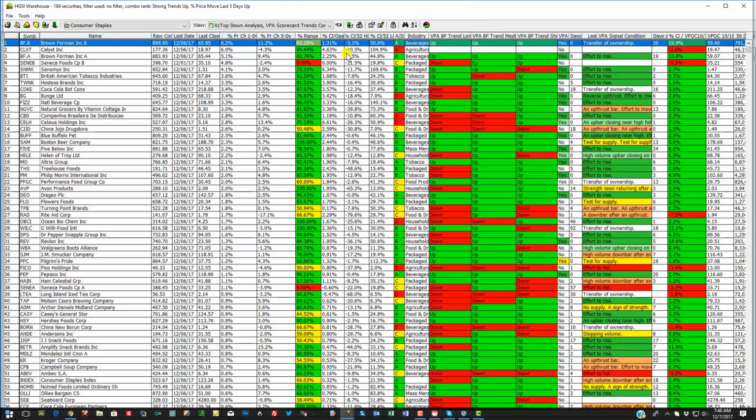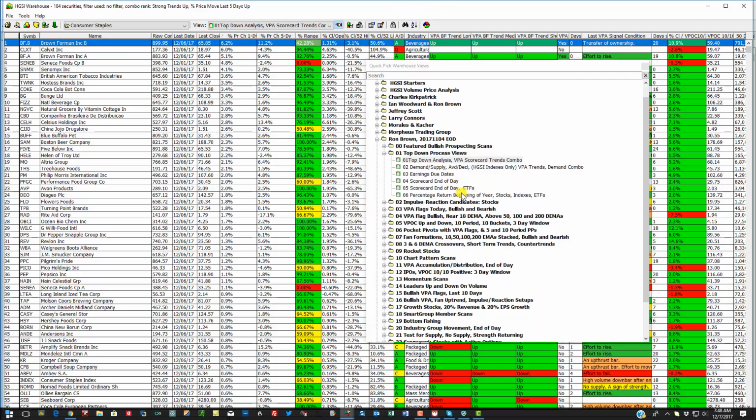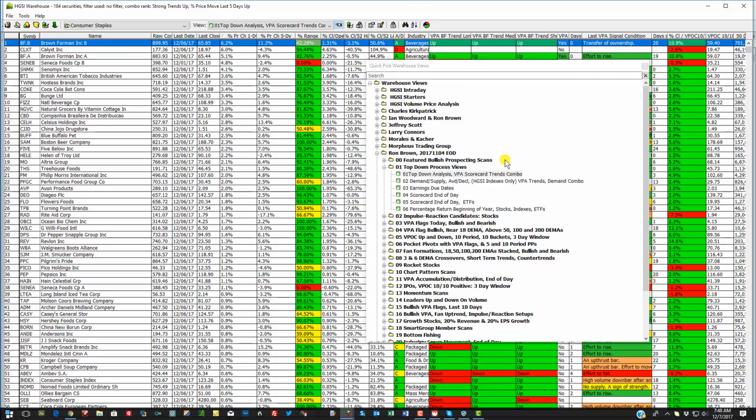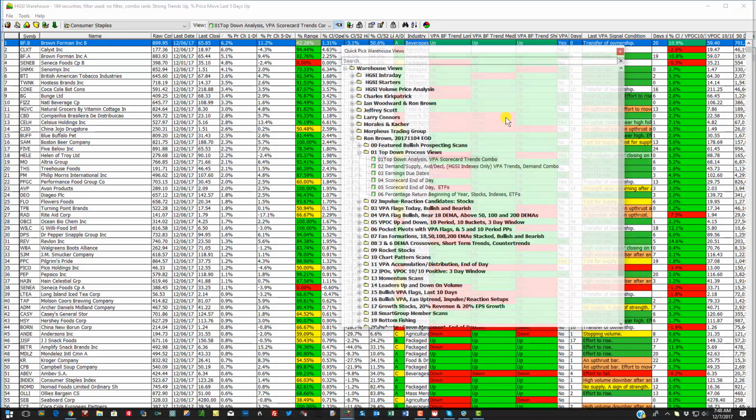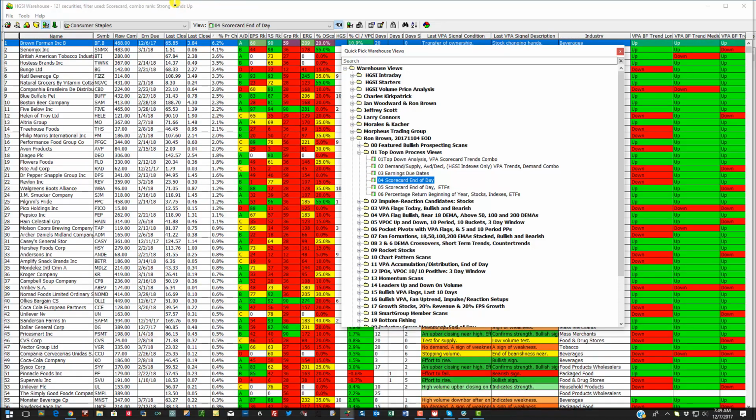Now, there's 184 securities in here, so you have to get into other methods of analyzing, and there are all kinds of screens here, and this is something I'm going to get into, especially when I start doing a webinar series beginning in January. But let's just, as an example, go to the scorecard end of day.